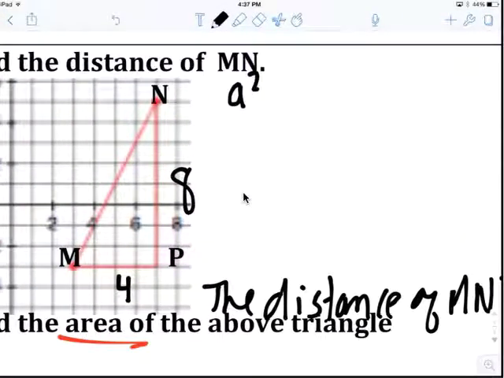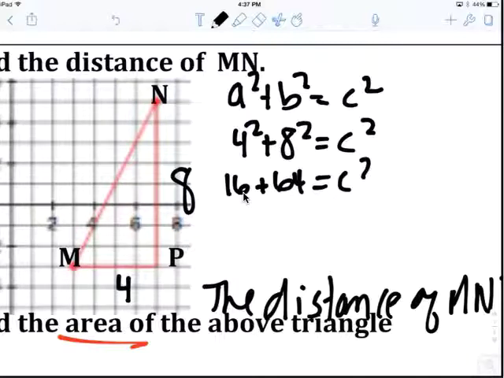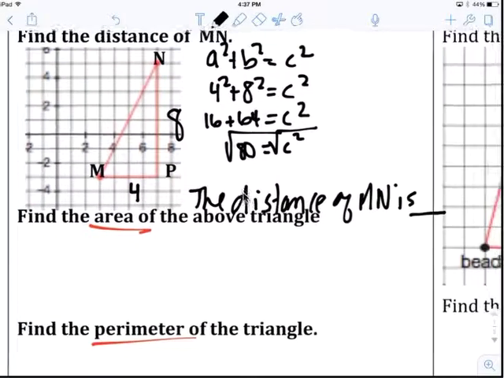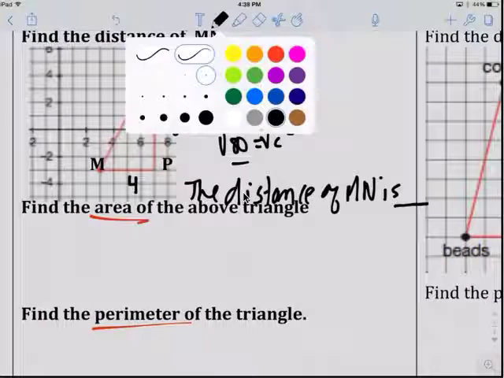A squared plus b squared equals c squared. 4 squared plus 8 squared equals c squared. 80 equals c squared. Take the square root. Probably 8.9. The distance is about, it's close to 81, so it's 8.9.